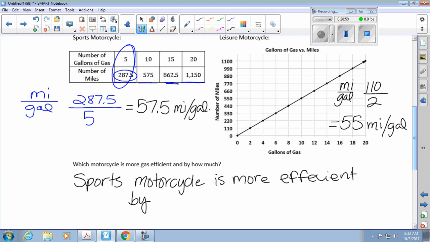Because 7 is 2 more than 5, and then you add on the 0.5. Very good. So you just subtracted essentially in your head. Let's write that here. The sports motorcycle is more efficient by 2.5 mpgs.